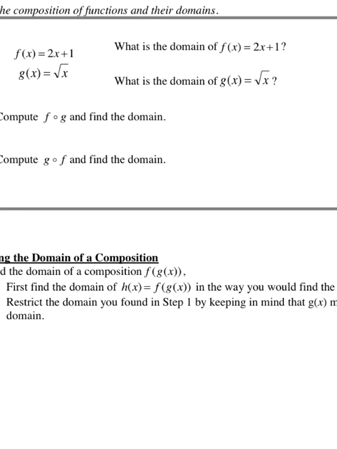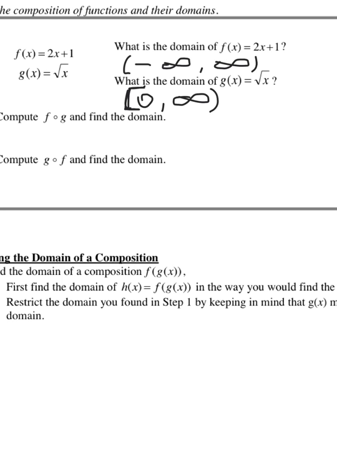So for f, we're going to say that the domain is all real numbers. In g, however, we have a restriction. This value for x right here cannot be negative, so x has to be greater than or equal to 0. We need to make sure that we determine these domains before we start doing our combination.